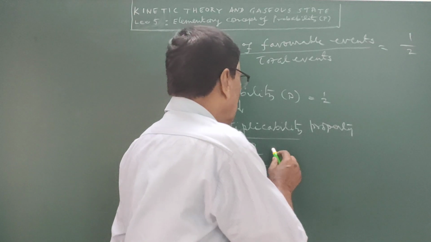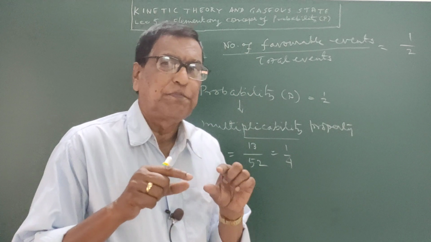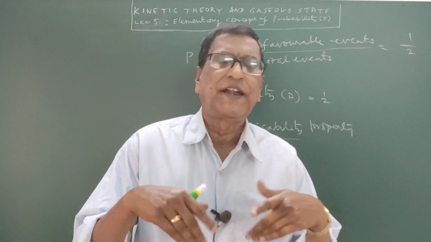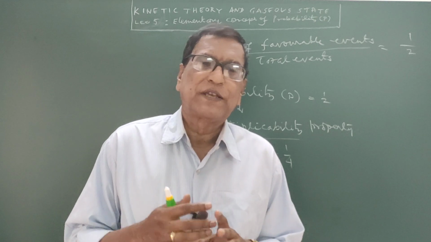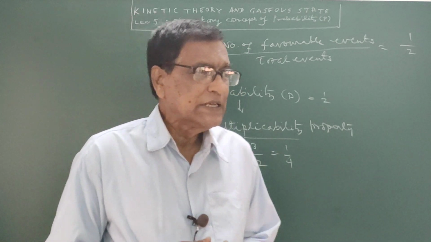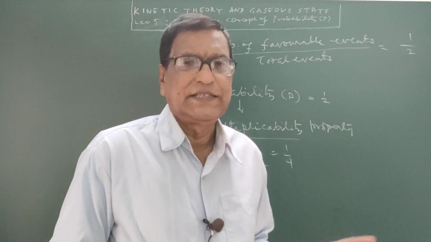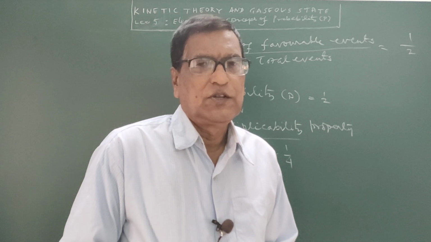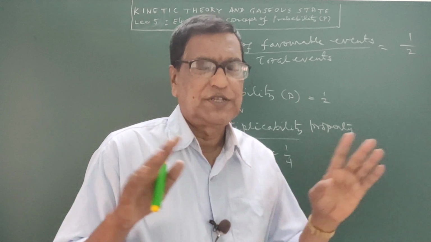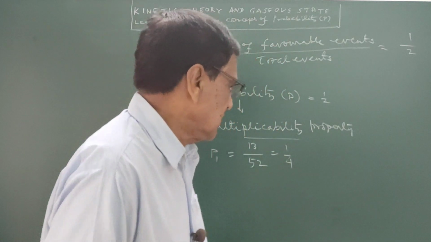So it is equal to 1/4. It means that if you pick up 4 cards randomly, then one card may be a diamond. In this case also the operation should be very large, then it will approach these calculations, otherwise it is not possible.